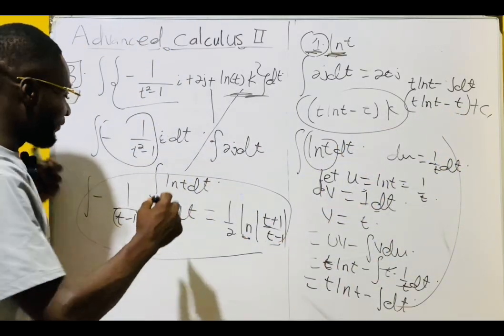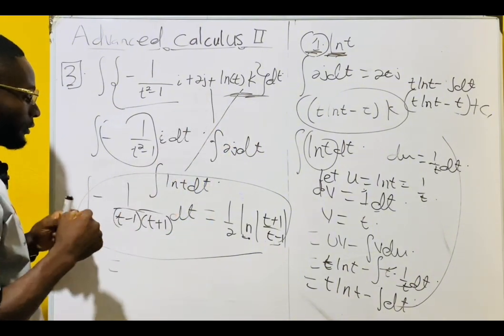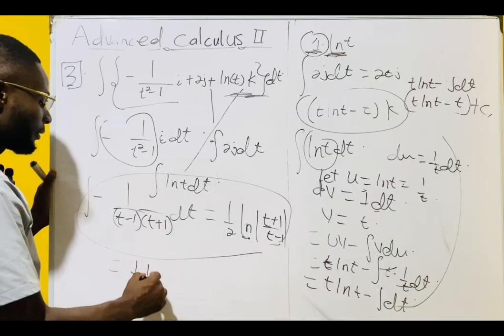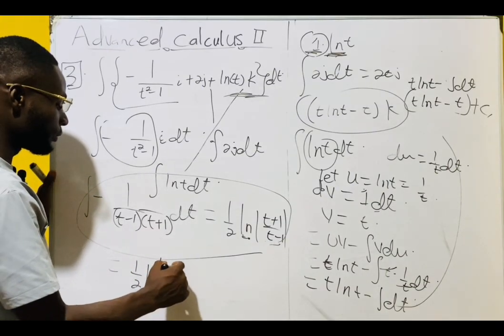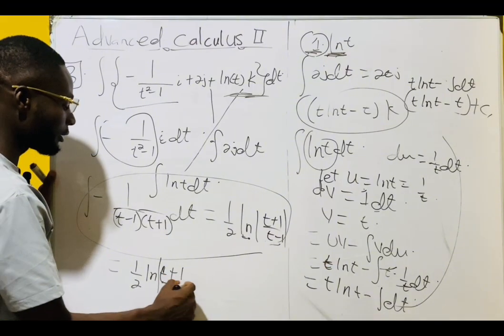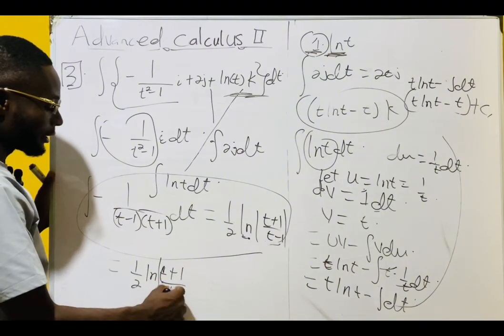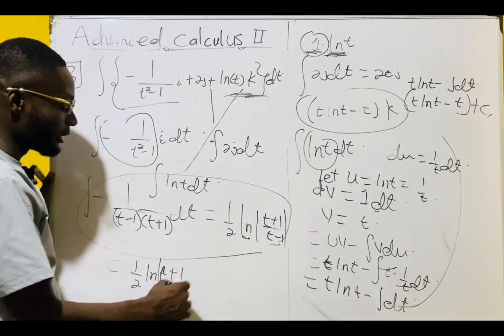So our final result for this is going to be half ln of (t plus 1) over (t minus 1).